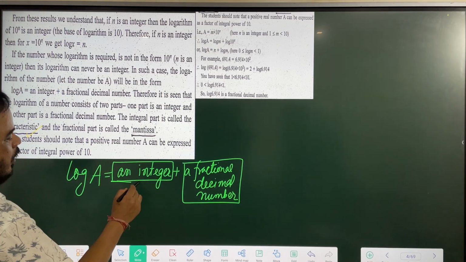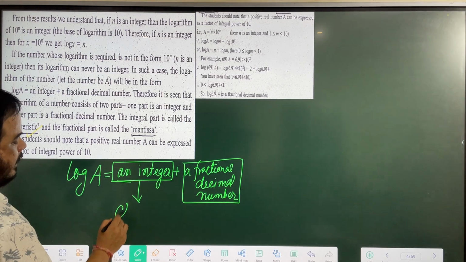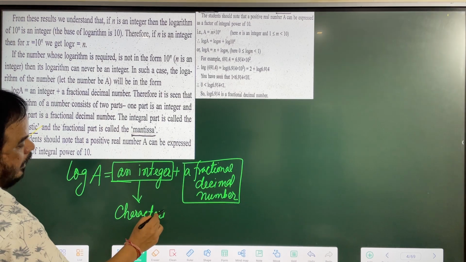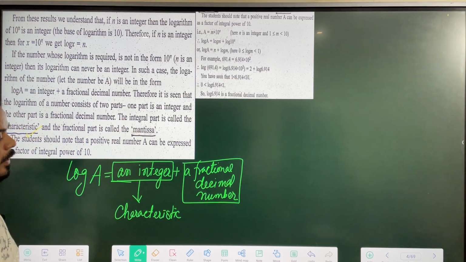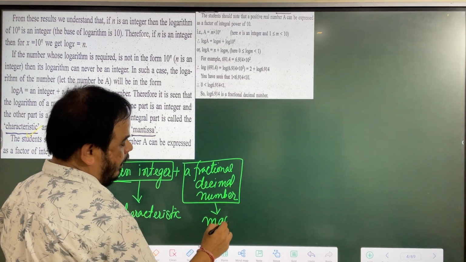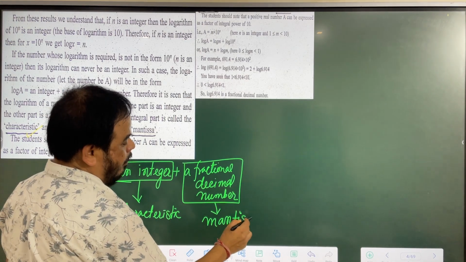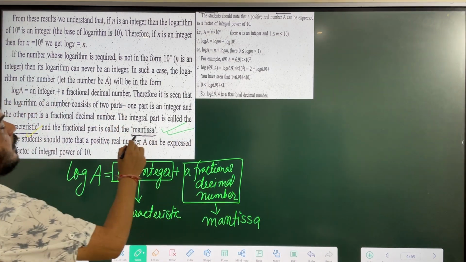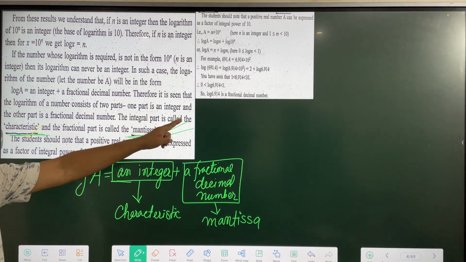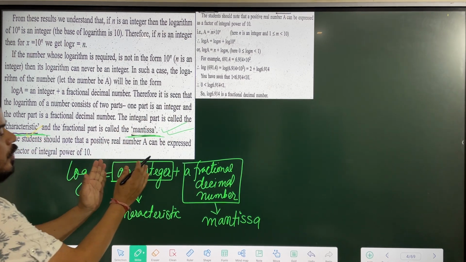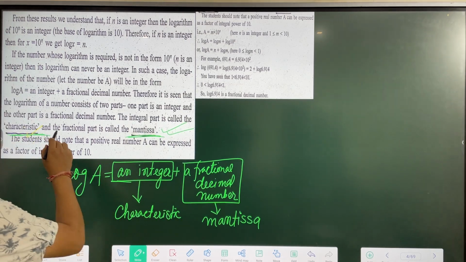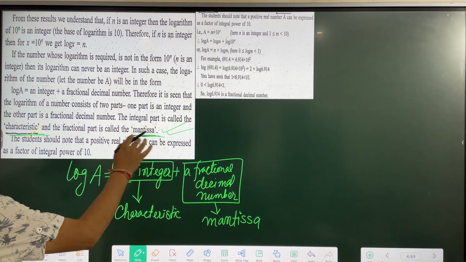So this number is called the characteristic of the logarithm, and this part of the logarithm is called the mantissa. The integral part is called the characteristic, without decimal, and the fractional part, that means the decimal part, is called the mantissa.